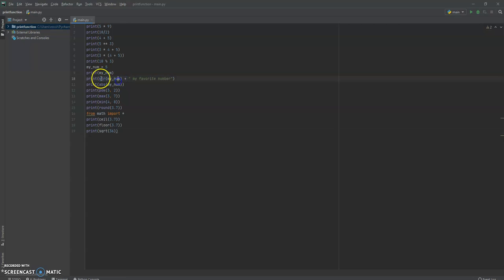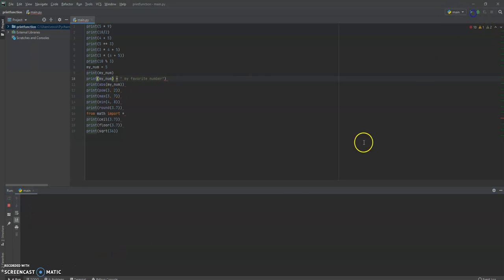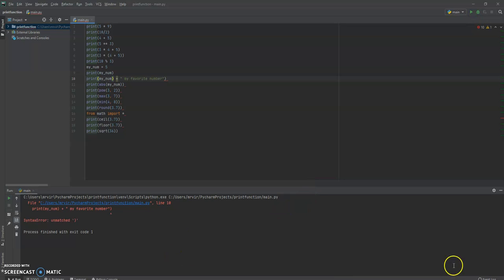So the string, you have to have the string, because without the string, let me show you. Let me print it. I'll say over here, line 10, my num plus my favorite number is a mistake, because my num is a string, so you'll have to do it.